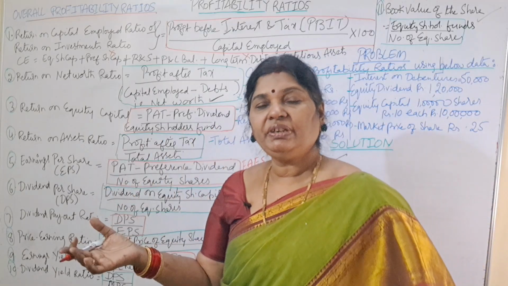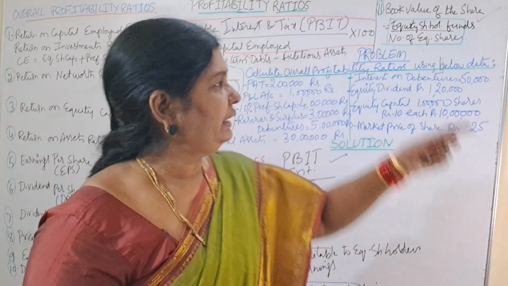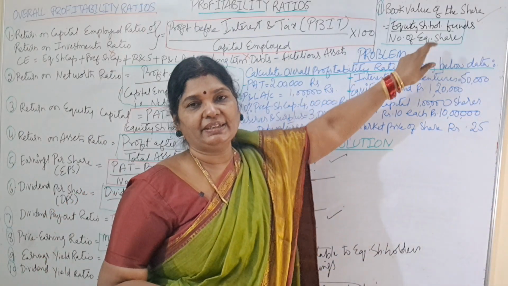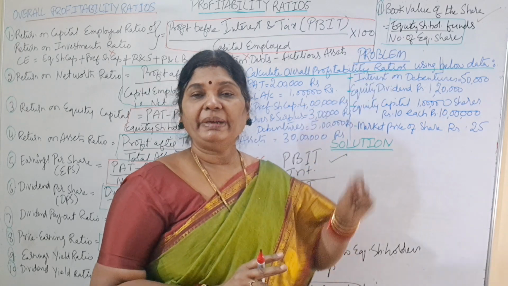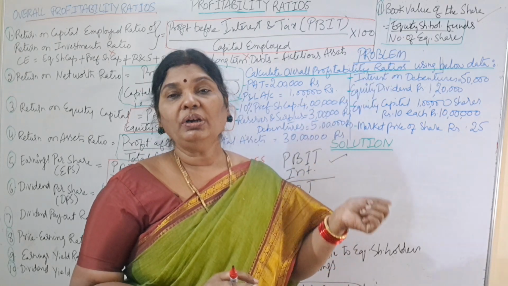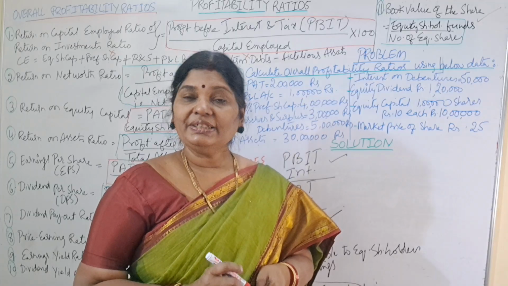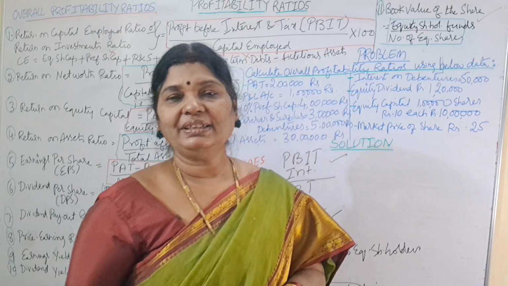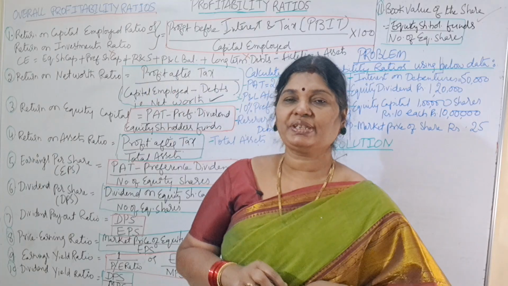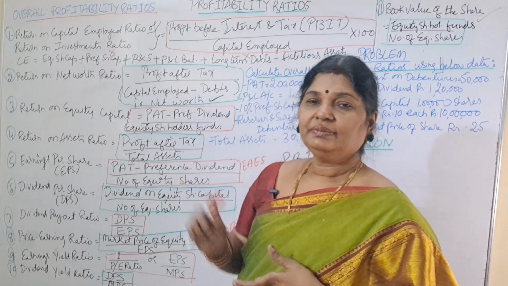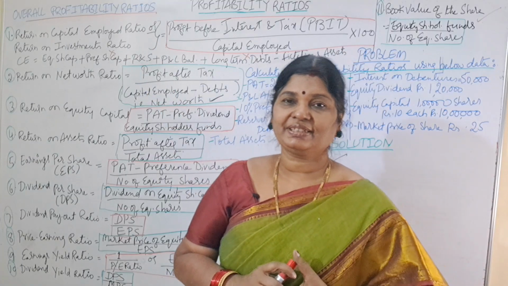If the number of equity shares is 1000, then we'll write 1000 shares as denominator. So this is about book value of the share. By calculating this formula, we can know the book value of our share. So these are the formulas for overall profitability ratios. Now we'll solve this problem using these ratios.